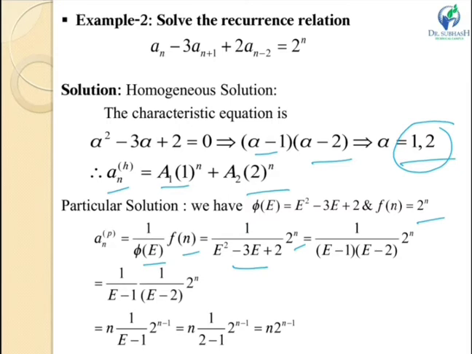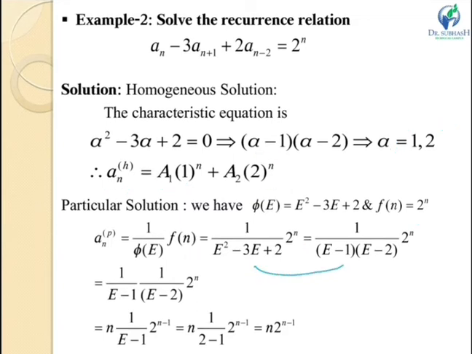Now see, when I put E equal to 2, I get 2 square, that is 4, plus 4 minus 6, so the denominator part will become 0. When the denominator becomes 0, I will write this as E minus 1 into E minus 2. Now first, the part for which the bracket is becoming 0, I will take that one.